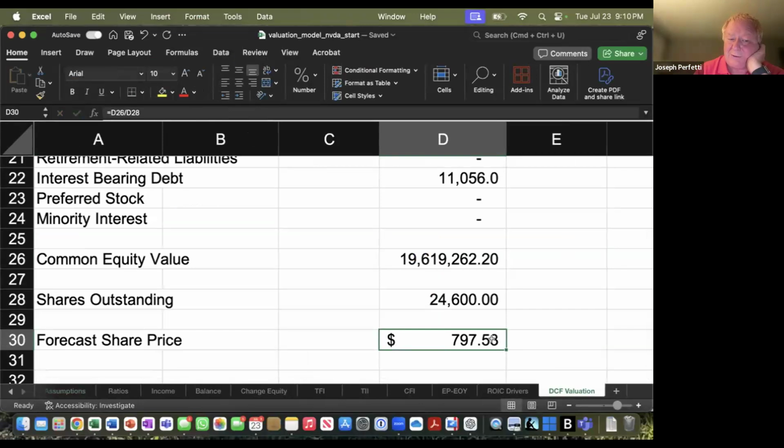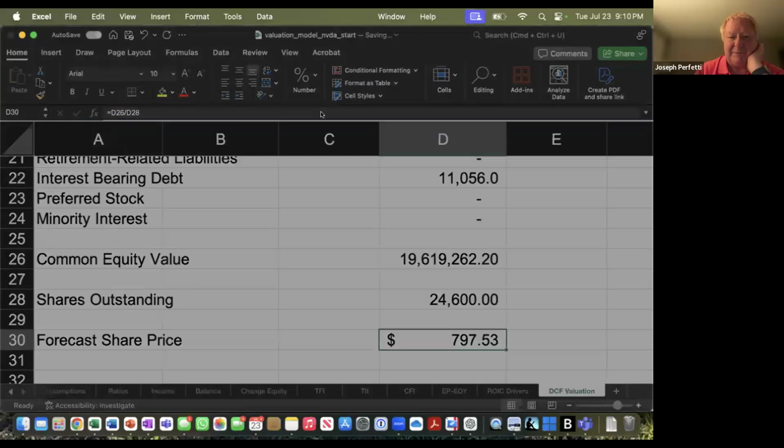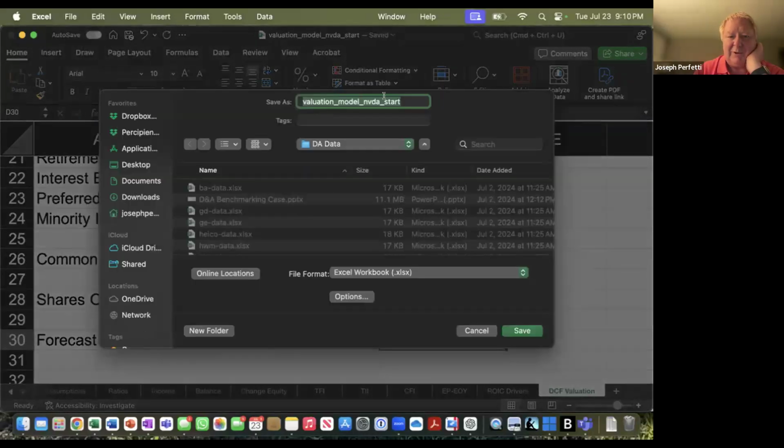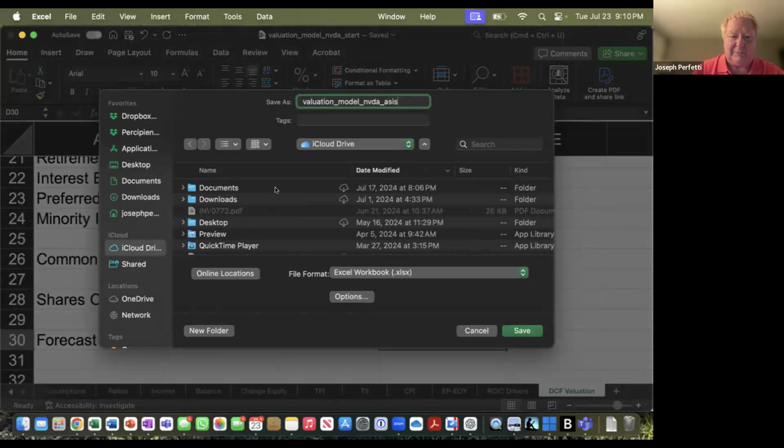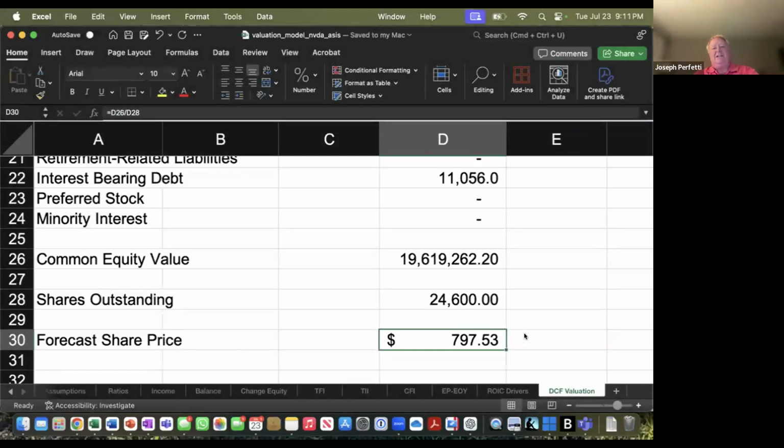What we're about to do is create our first valuation model. File, save as, and I am going to call this the Nvidia as-is. And that is language that we will use in this class.